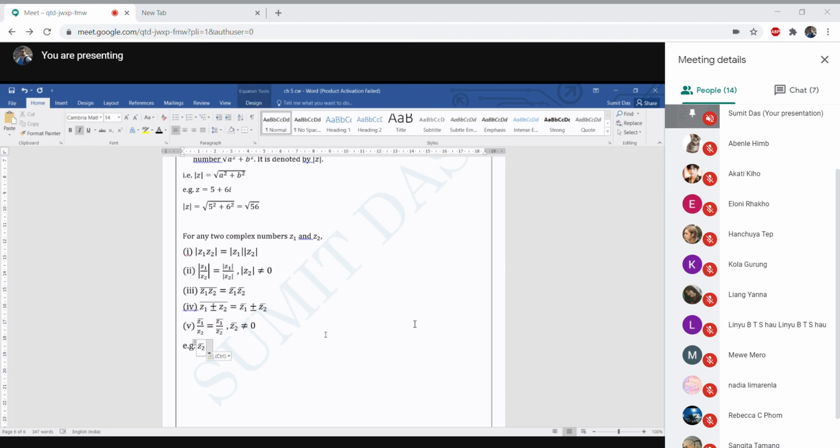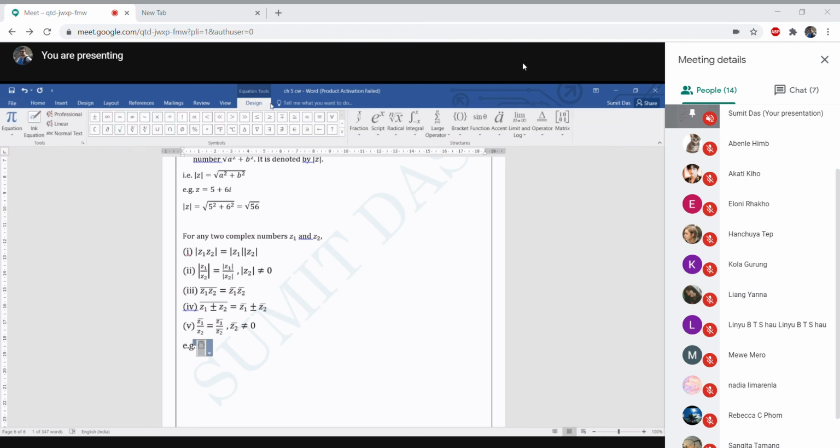Suppose z1 equal to 2 plus 3i and z2 equal to 3 plus 5i.